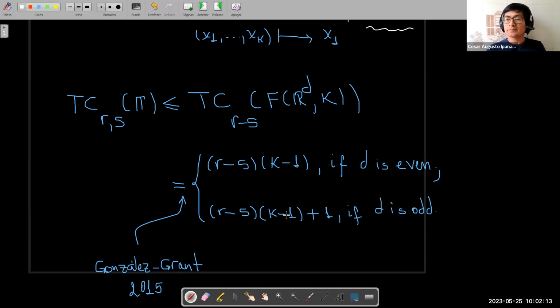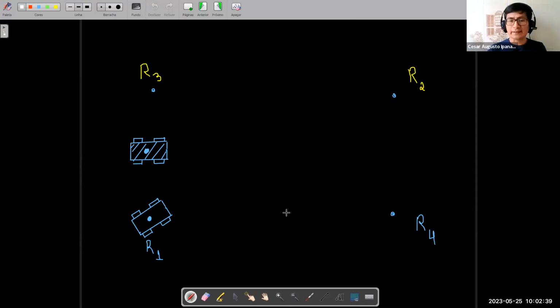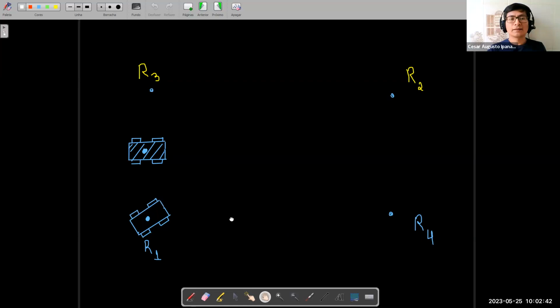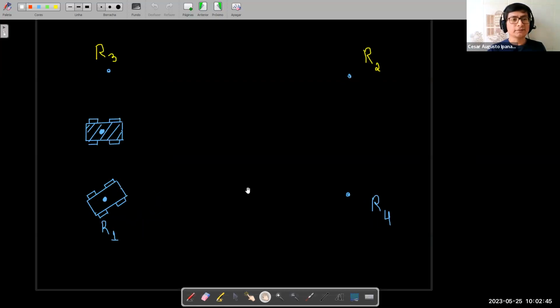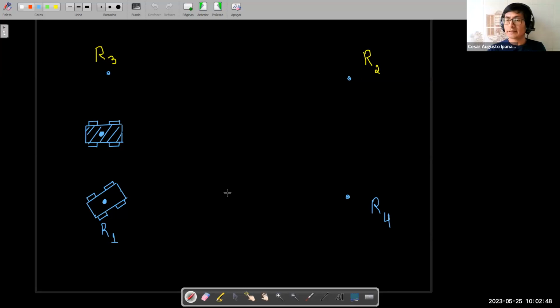Now I will compute the complexity of the initial motivating cases, and I will also present the optimal algorithm for that situation. For the first case, the kinematic map for this situation is pi.